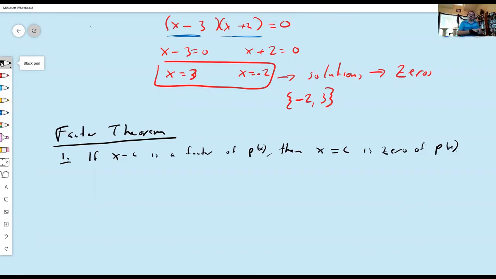So if I know something's a factor, then I know I have a 0. But at the same token, if x equals c is a 0 of p of x, if it's a 0, then that means it makes y equal 0, or the factor that divides into it has a remainder of 0. So x minus c is a factor.